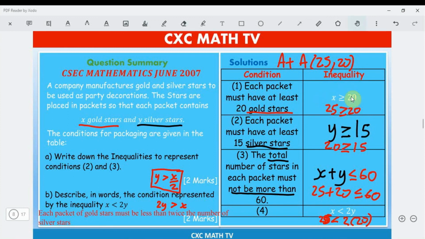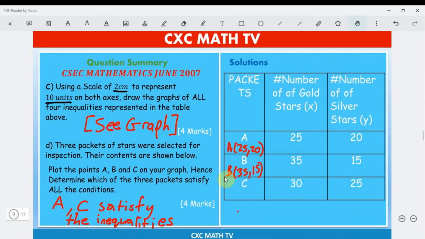You could use the inequalities, and remember the x value is 25, the y value is 20. 25 is bigger than 20. The y value 20 is bigger than 15. When you add the x and y, it is less than 60, and 25 is less than 2 times 20. So in other words, all conditions are satisfied for A, and you can test with C, it will satisfy as well. That's if you didn't want to use the graph.